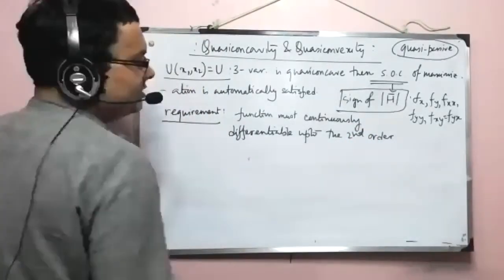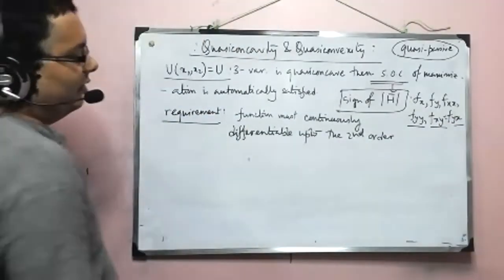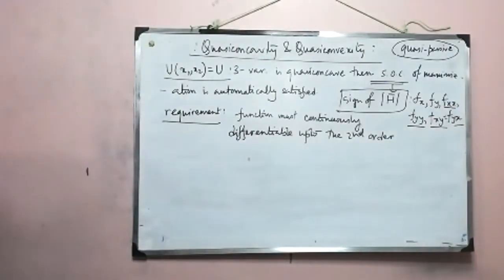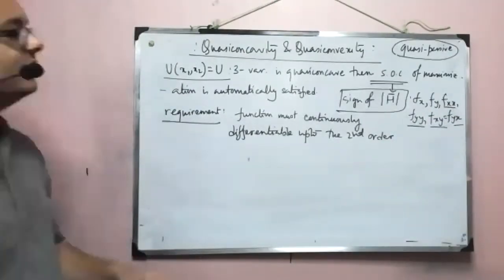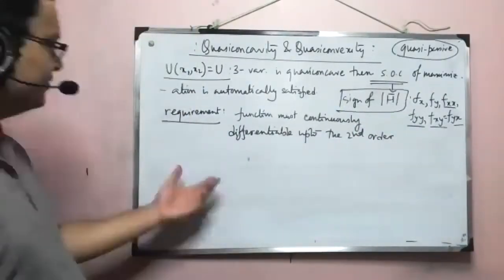Because we need to find all of these four, the function has to be continuously differentiable up to the second order, so that we are allowed to do this.